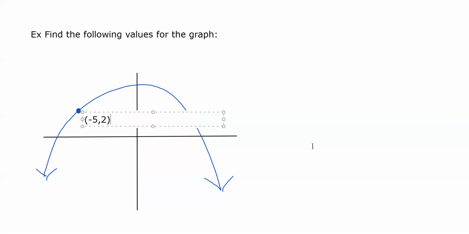How about that? And let's say that over here is another point. There we go. That's much better than me just trying to draw it by hand. Let's say that this is the point 4 comma negative 2.